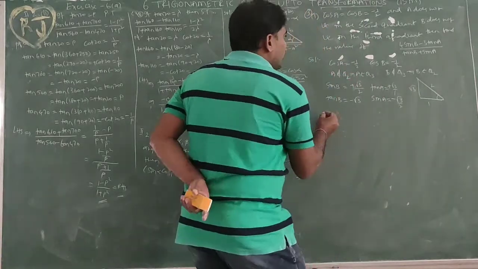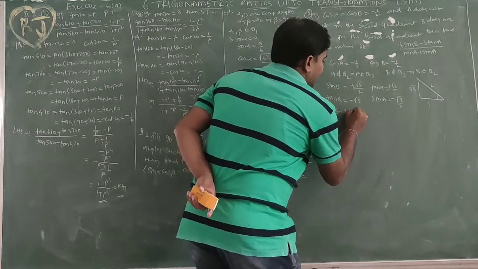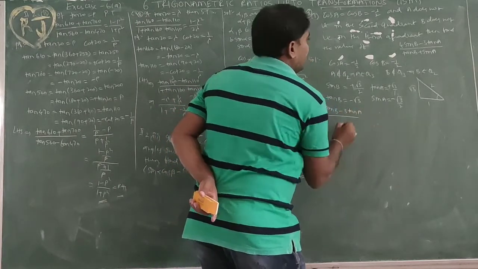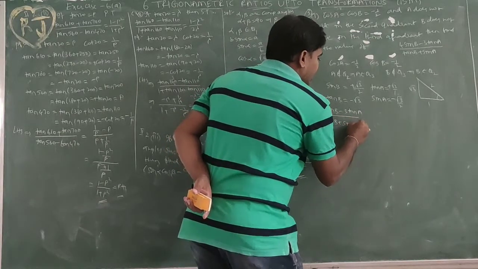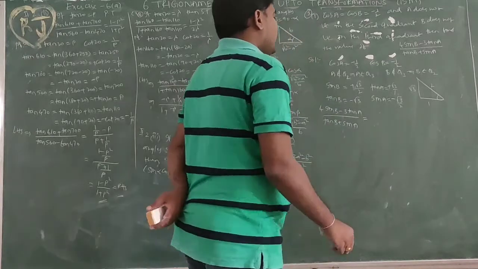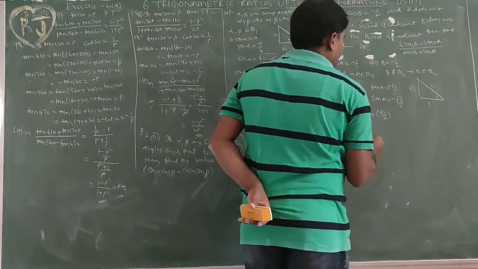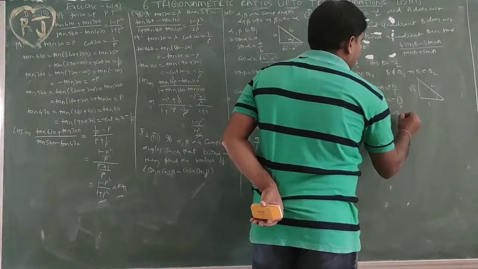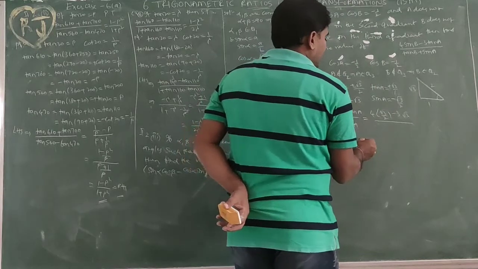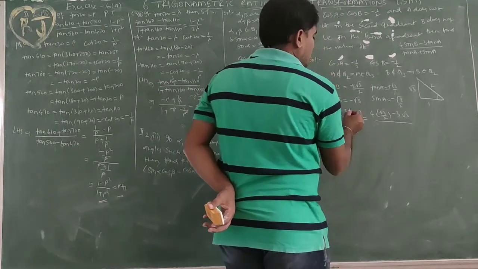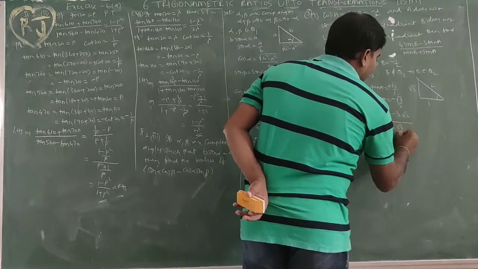Now 4 sin B minus 3 tan A by tan B plus sin A equals 4 into root 3 by 2 minus 3 into root 3, divided by minus root 3 minus root 3 by 2.